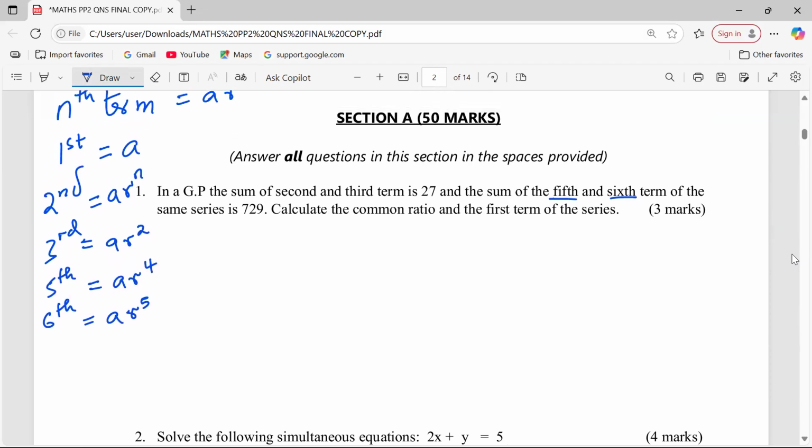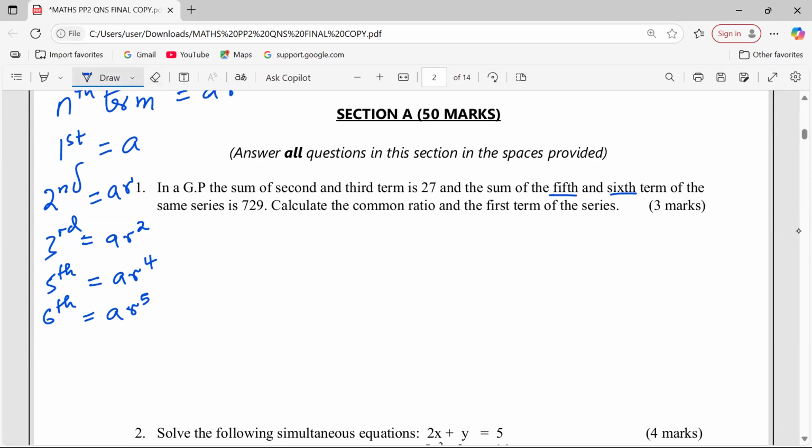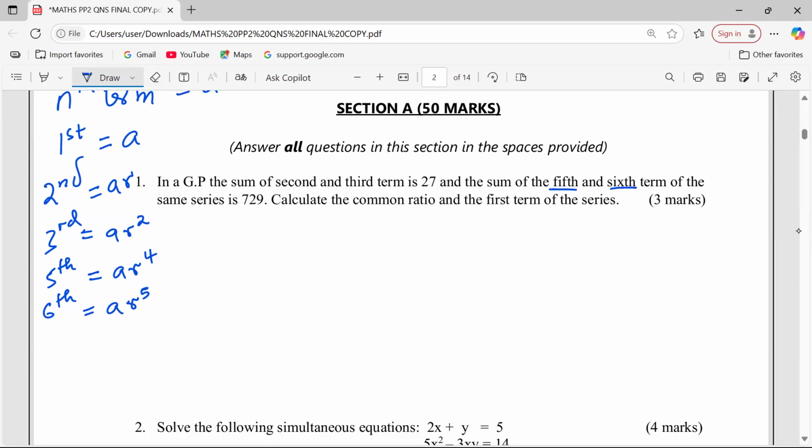So there is something that we are told about these terms now. The second, the third, the fifth, and the sixth. When we take the second term, remember that should be A R power 2 minus 1, which is A R. So we are talking about now the second term.